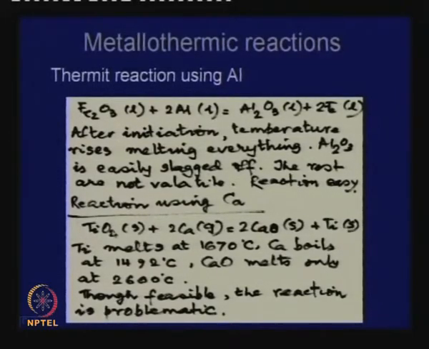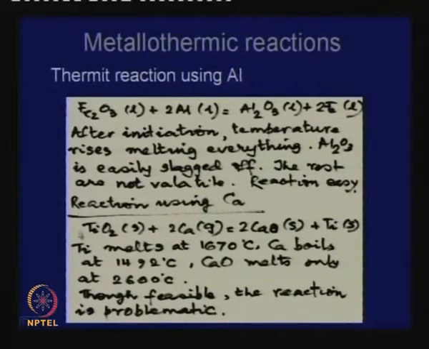We have talked about a similar reaction which we will now call metallothermic reduction, of calcium reducing TiO2, and then I mentioned that we can write a chemical reaction like this, but sometimes in metallurgical operation this will not be accepted, because calcium as a reducing agent would become gas at the temperatures where this should happen.